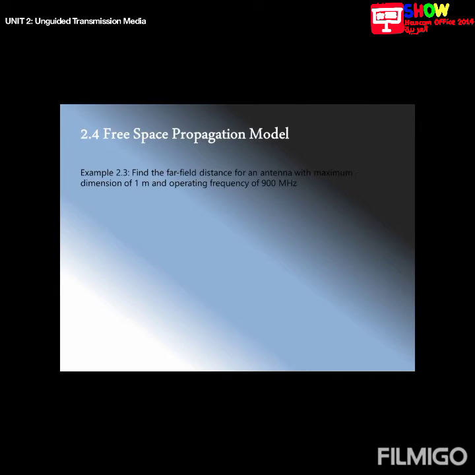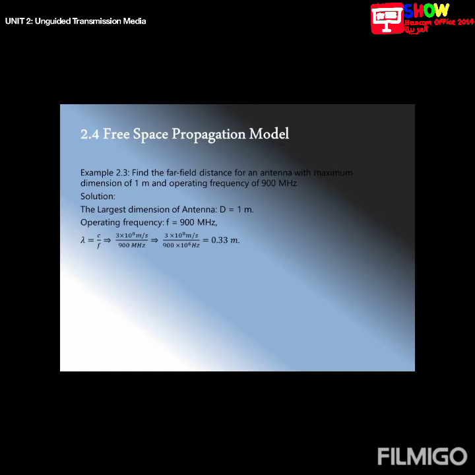In example 2.3, find the far field distance for an antenna with maximum dimension of 1 meter and operating frequency of 900 MHz. The largest dimension of the antenna D is 1 meter, the operating frequency is 900 MHz, and lambda equals c over f, 3 times 10 to the power of 8 meters per second over 900 MHz.